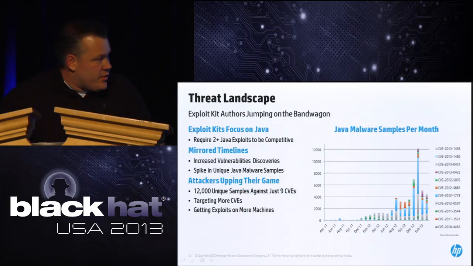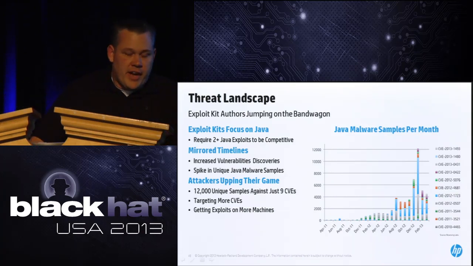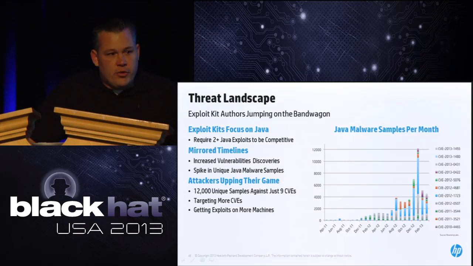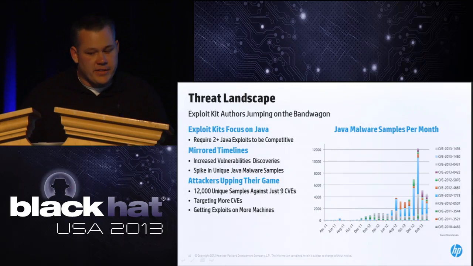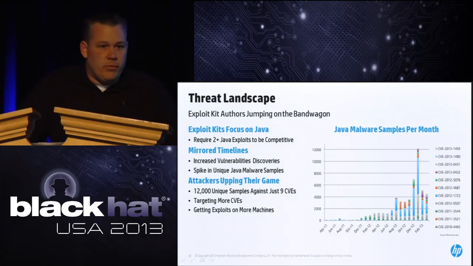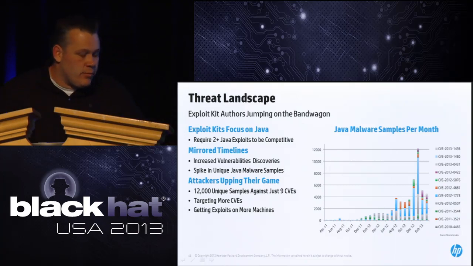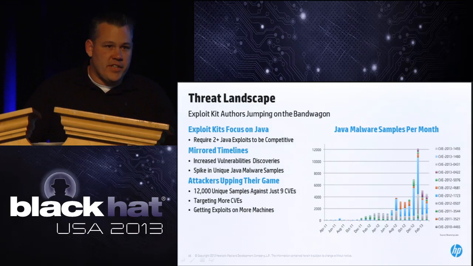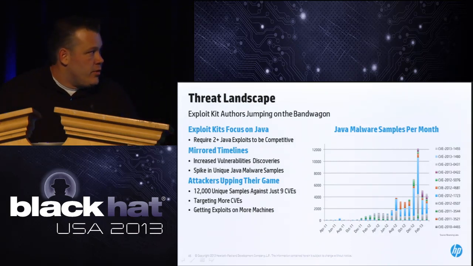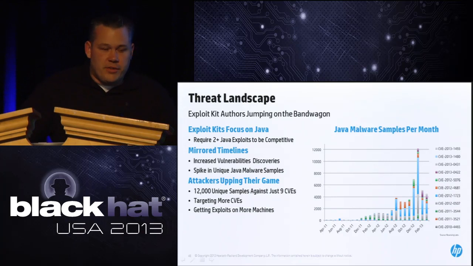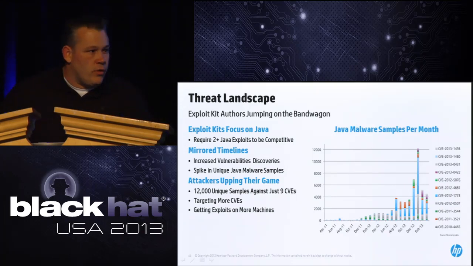The other interesting thing is if you look at the chart and the CVEs that are under active exploitation, you see that vulnerabilities that were discovered in 2011 are still actively being used in the landscape, and that's due to the fact that the install base for Java is not routinely updated. We talked about the Websense report, where 93% of Java installations weren't being patched after a month of the release of the patch. There's also the Bit9 report that showed that when you install Java, it's not uninstalling the old major versions.